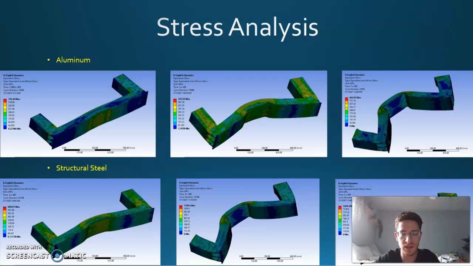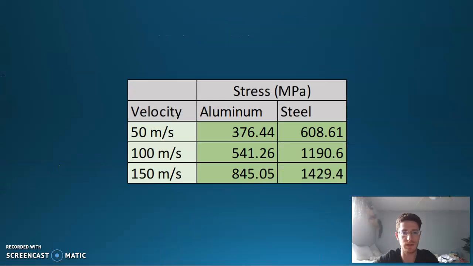And as you can see, mainly on the later images, on the middle and right, most of the bars were already failing. And here you can see the maximum stress values for all of them. So in all three situations, the maximum stress was larger than the yield strain of the material, which is 250 for the steel and 280, I believe, for the aluminum.